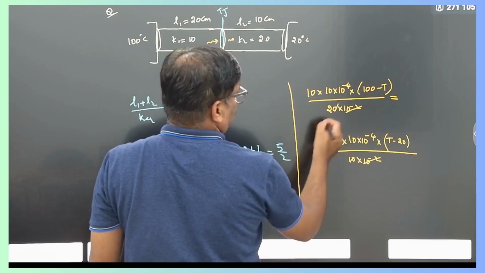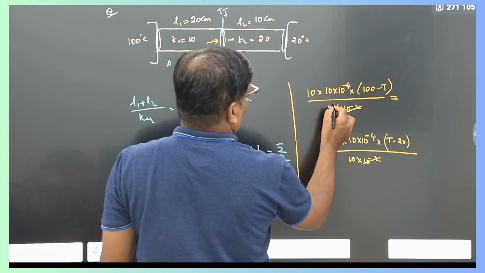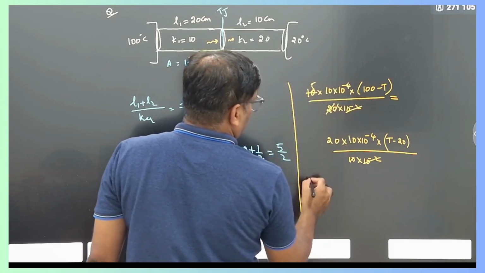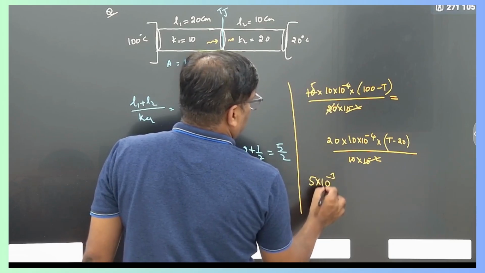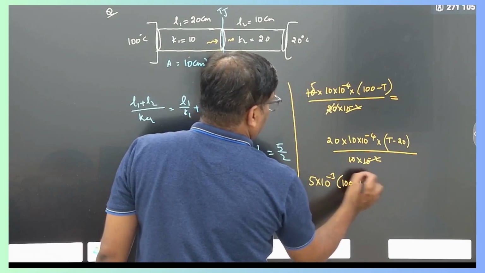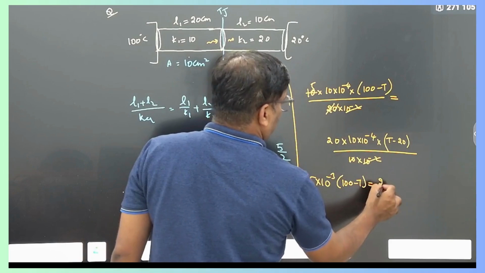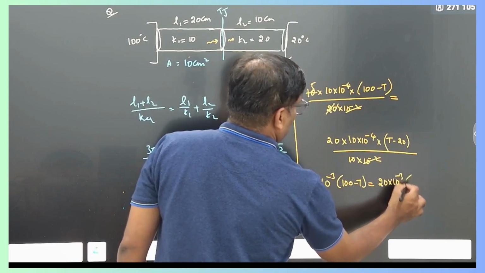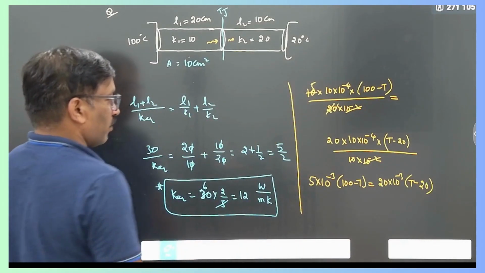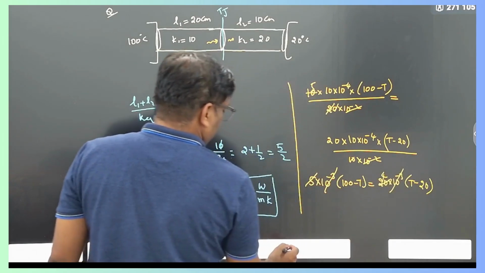Here the denominator is gone. So 2 ones are 2, 5 twos are 10, therefore 5 into 10 to the power of minus 3, into 100 minus T, it will be equal to 20 into 10 to the power of minus 3 into T minus 20. Clear? So 10 to the power of minus 3 gets cancelled, 5 ones are 5, 5 fours are 20. Clear?